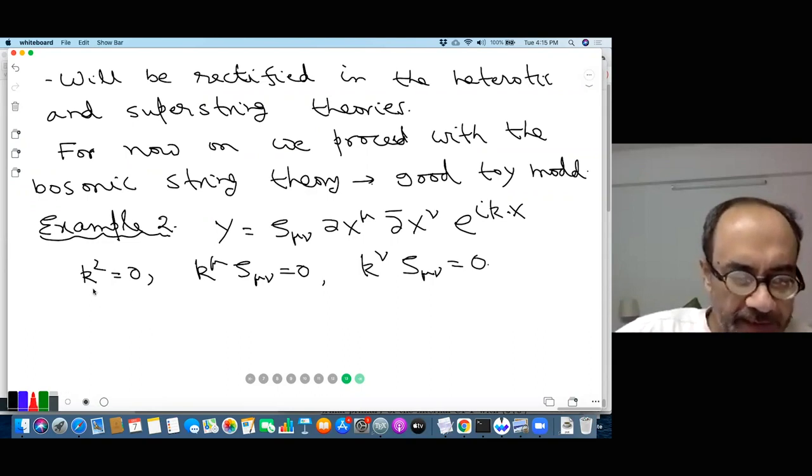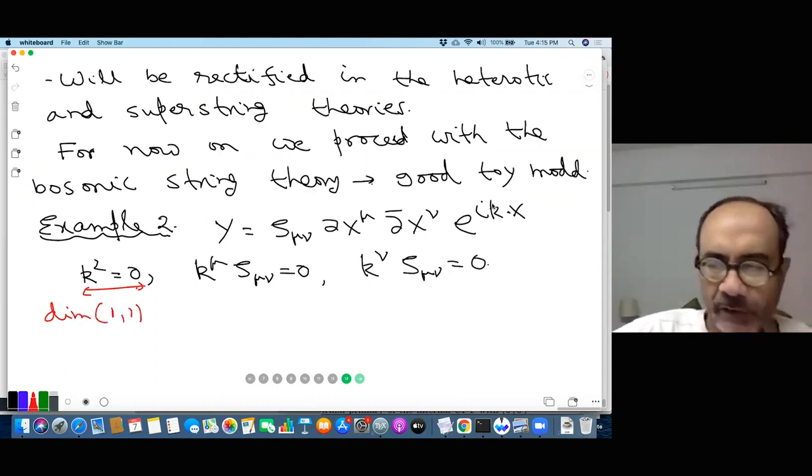So here this condition is coming from the dimension requirement, dimension 1, 1. Because when k square is 0, this has dimension 0, and these provide dimension 1, 0. This is 0, 1, and this is 1, 0. So that's how you get dimension 1, 1.